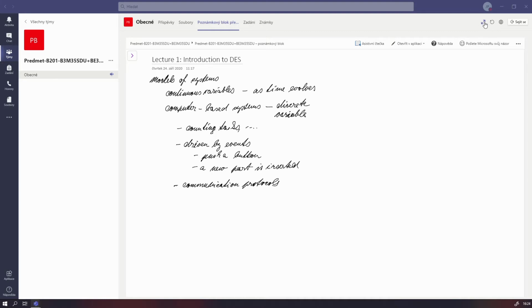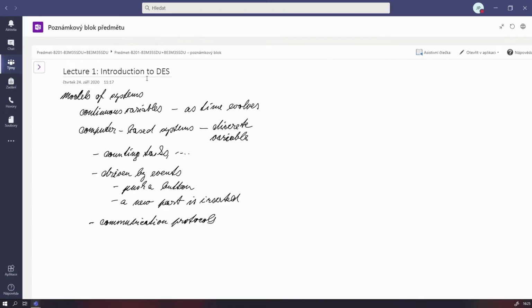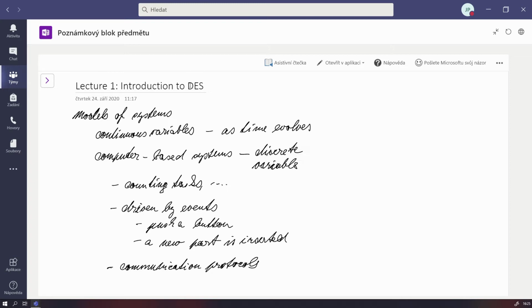Typically, we model the system in a way which I'm going to show right now.